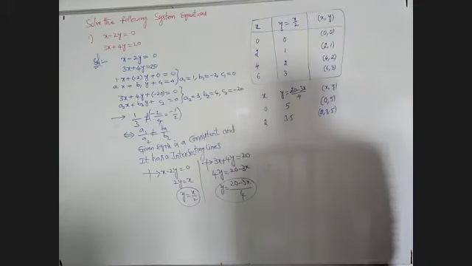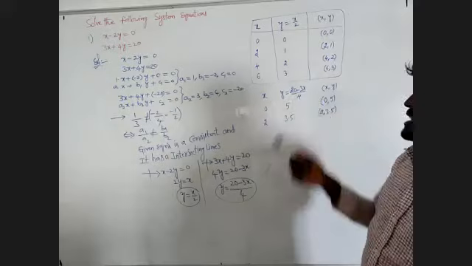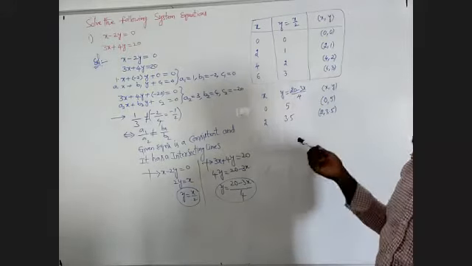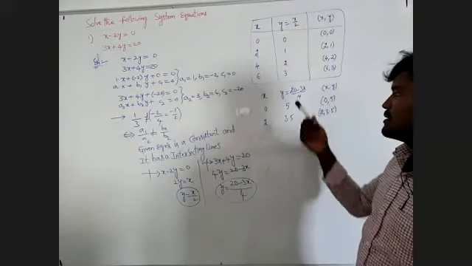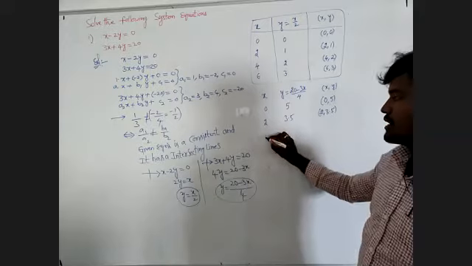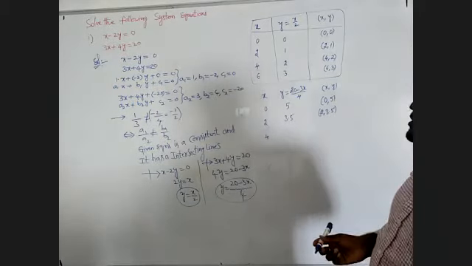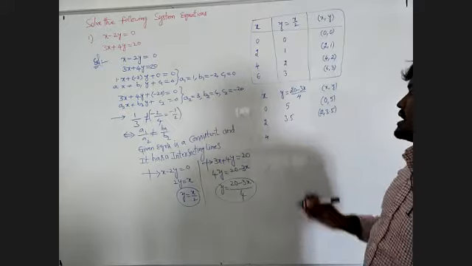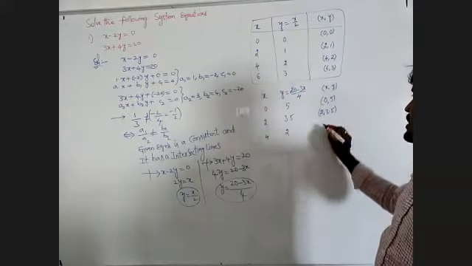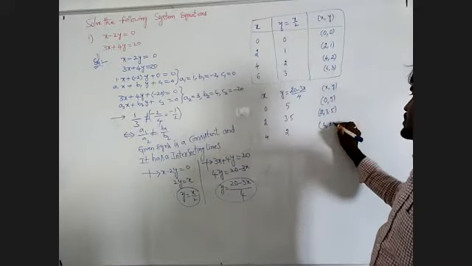And also we take 3. 3 threes are 9. 20 minus 9 is equal to 11. 11 is not divisible by 4, otherwise we take 4. 3 fours are 12. 20 minus 12 becomes 8. 8 by 4 becomes 2. That we take as 4 comma 2.